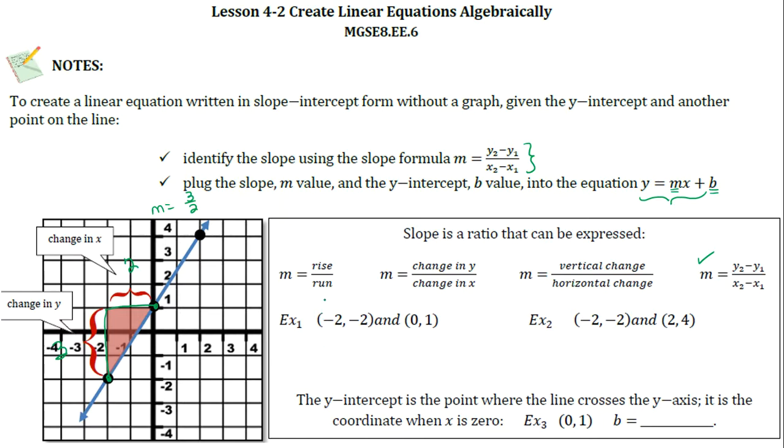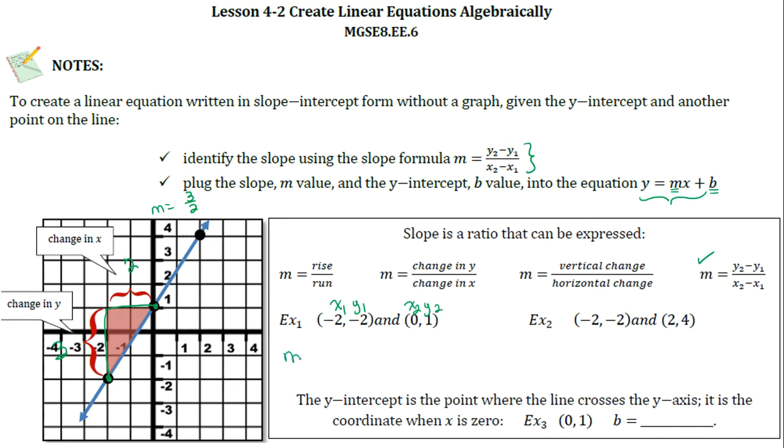So using our formula, -2, -2 is considered the first ordered pair that's given. Therefore, -2 is our first x-coordinate, so it's x1, and this -2 is going to be our y1, our first y value from our first coordinate. 0 is going to be x2, and this 1 is going to be y2.